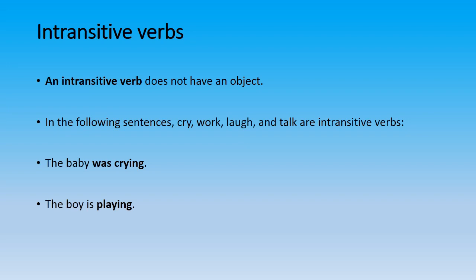So from these examples you can see that these verbs, cry and play, used in a continuous form, are not followed by any type of noun, pronoun or object. So we can say that a sentence without any object is called an intransitive sentence, with an intransitive verb, because it doesn't have any object.